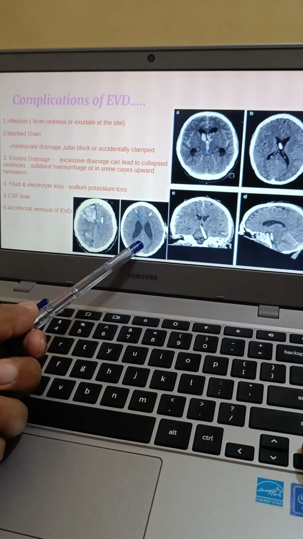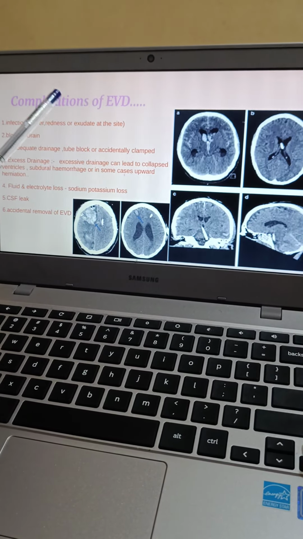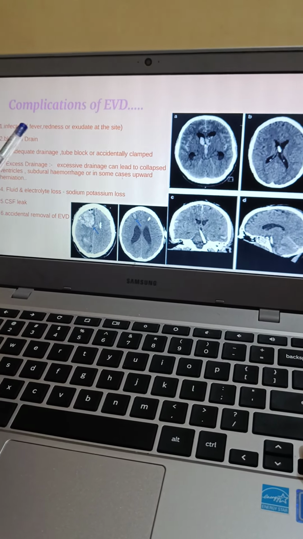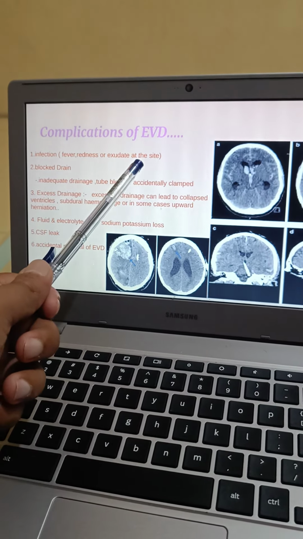We should do dressing interventions. The EVD has some complications. Because of the EVD, the patient can get fever, redness or exudate at the site.